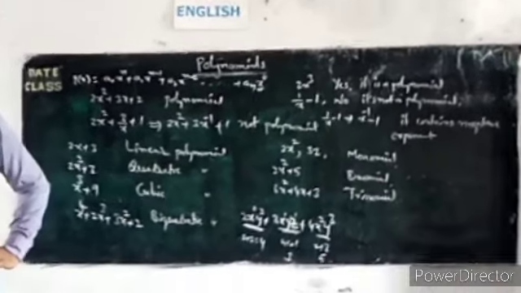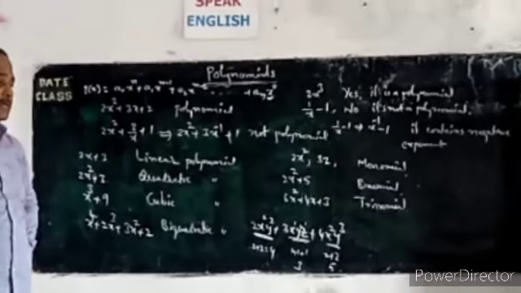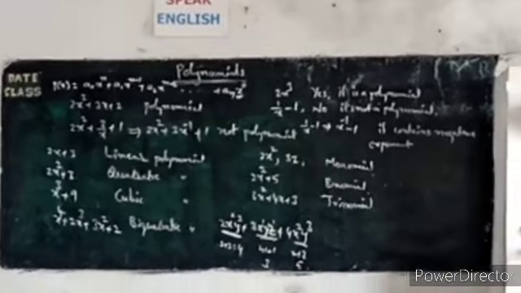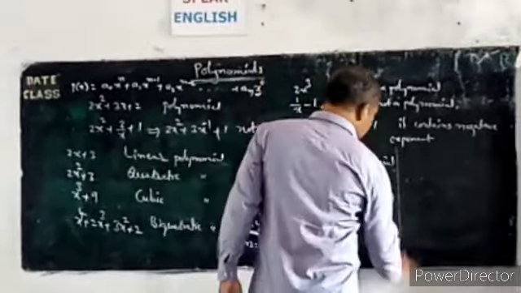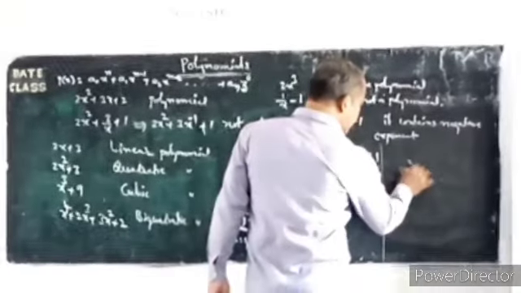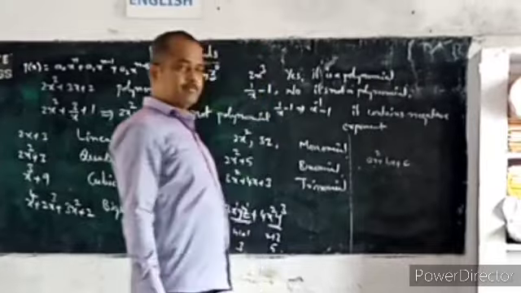Next, try this. Write the general form of a quadratic polynomial and a cubic polynomial in variable x. The general form of the quadratic is ax square plus bx plus c.